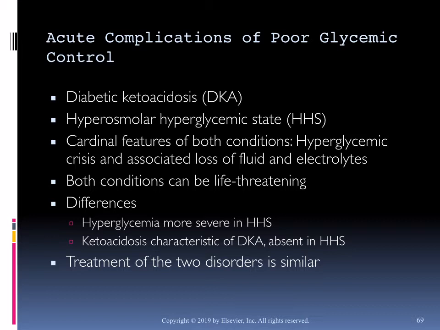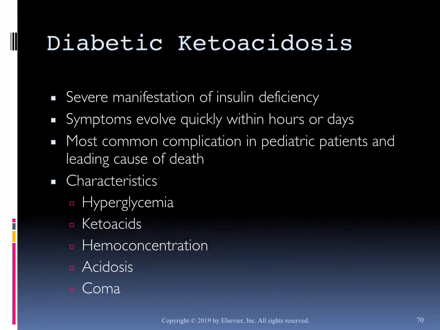Ketoacidosis is the one that differentiates diabetic ketoacidosis, but it's absent in hyperosmolar hyperglycemic state. So these slides talk about ketoacidosis.